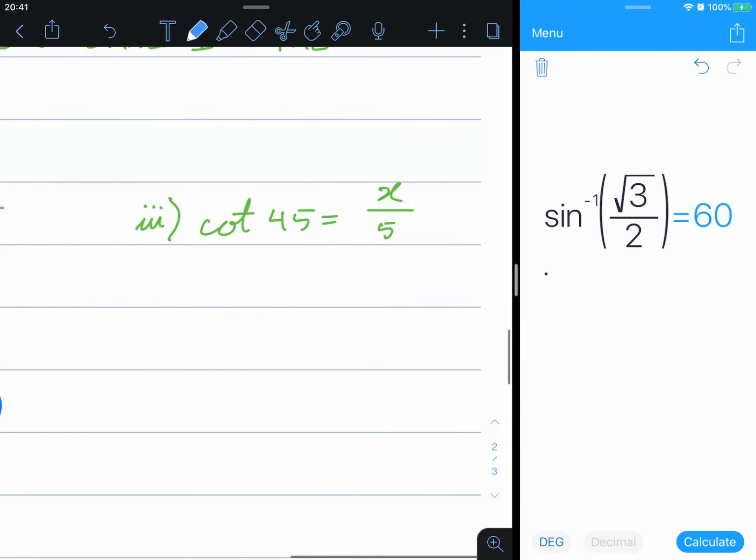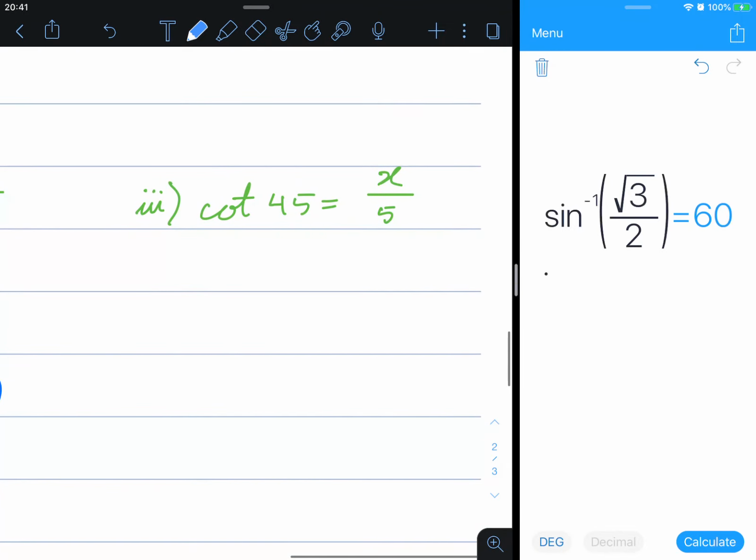One last example here. Let's solve this for cot 45 equals x over 5. Well, we can do this as tan 45 is equal to, because cot is the reciprocal of tan, and we changed it to 10, we should change this as well to match the ratio.